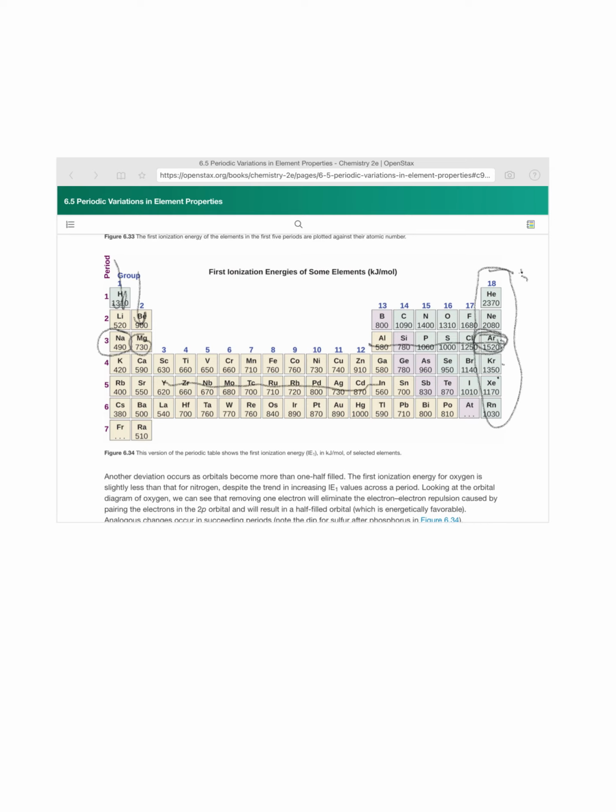If I go from aluminum towards chlorine, you can see that the first ionization energy becomes greater and greater. The trend is that, except for the noble gases, if these elements take part in a chemical reaction, the stronger the first ionization energy is, the less likely it is to give up an electron, and it's probably going to receive an electron or possibly share an electron in a chemical reaction.